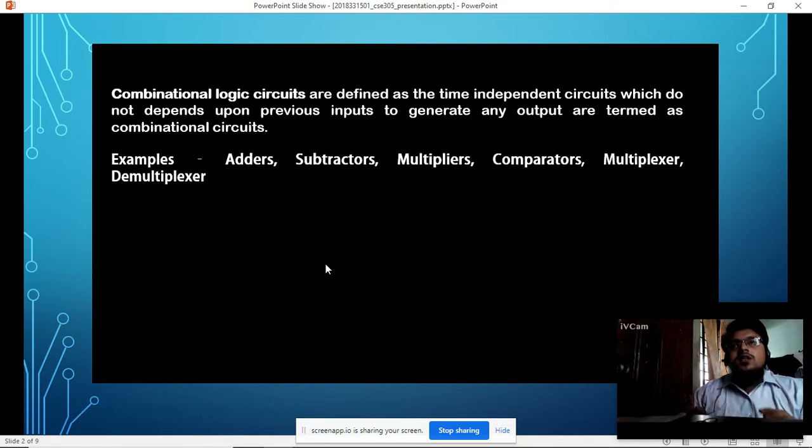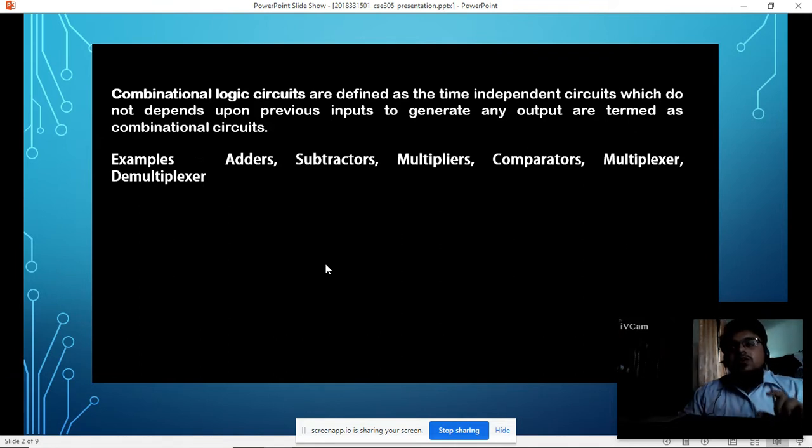Combinational logic circuits are defined as the time independent circuits which do not depend upon previous inputs to generate any outputs. I have included some examples: adders, subtractors, multipliers, comparators, multiplexer and demultiplexer.